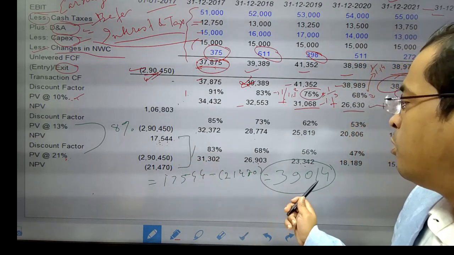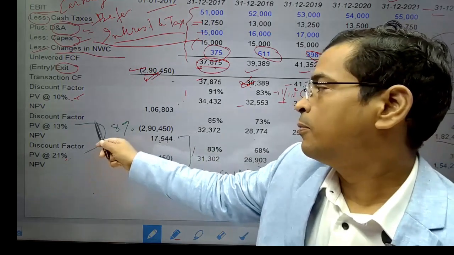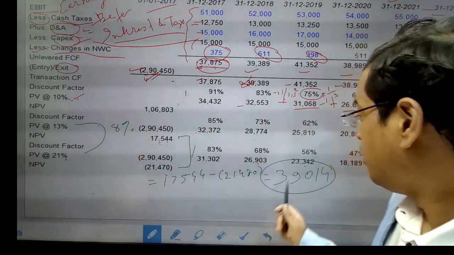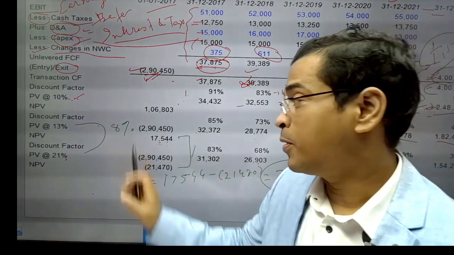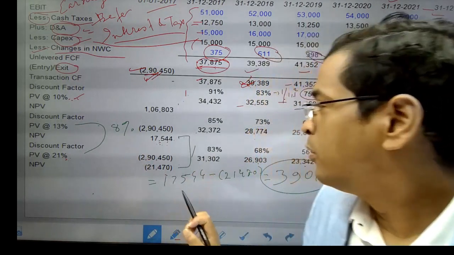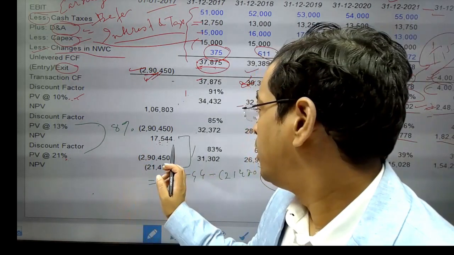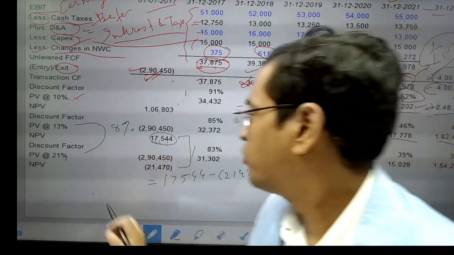So 39,014, this much cash has gone down between the two discount factors. So 39,014 is a net loss between the two percentages. Okay, that's the good news. Now we need to just divide this number by 39,014.